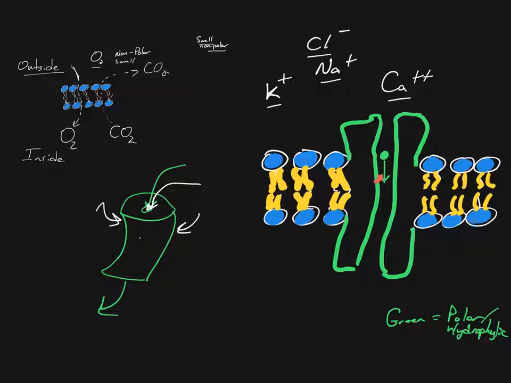And if it's letting things through, then this must be hydrophilic as well, inside, right? So the inside must be green as well. But what must the outside be? It must be nonpolar. So in this color scheme that we see up here, what must the outside be? Yellow, very good.